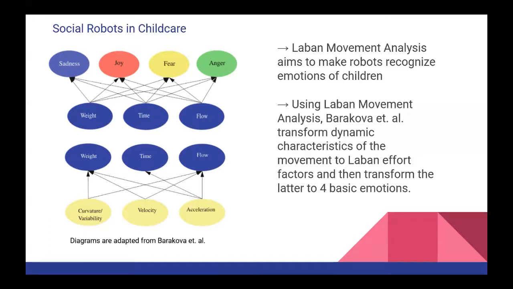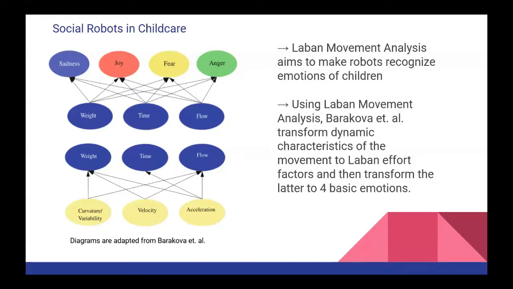We can see the applications of social robots in childcare. Barakova et al. state a method to transform physical properties to emotions in children. So Laban movement analysis aims to make robots recognize emotions of children.